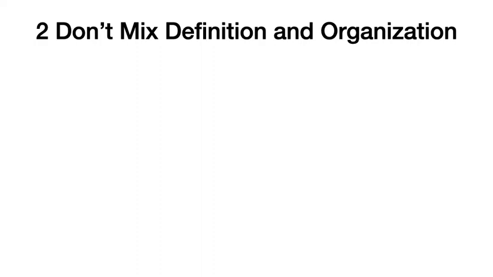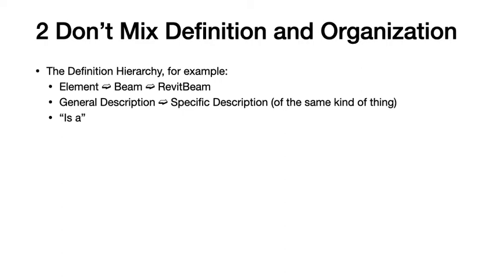Secondly, it's important not to mix the definition and the organization. So there are two hierarchies of data. One is the definition hierarchy. So this is, for example, you have a building element, a constructed element, and then maybe a beam is a subclass of element, and Revit beam is a subclass of beam.